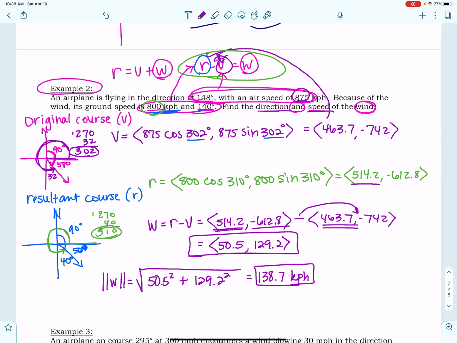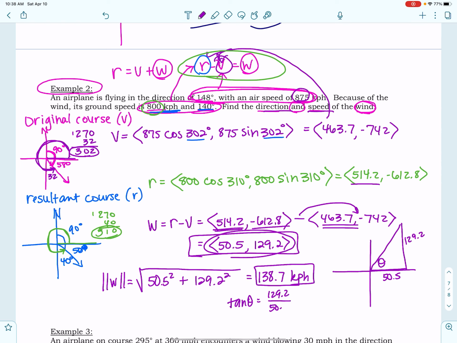Now we have to figure out the direction of the wind. So I've got to draw this. Using this right here, I've got positive 50.5, positive 129.2. There's theta. I'm going to use tangent theta equals opposite over adjacent. So tangent inverse gives me theta equal to 68.7 degrees. That is not the direction. This is just my reference angle.